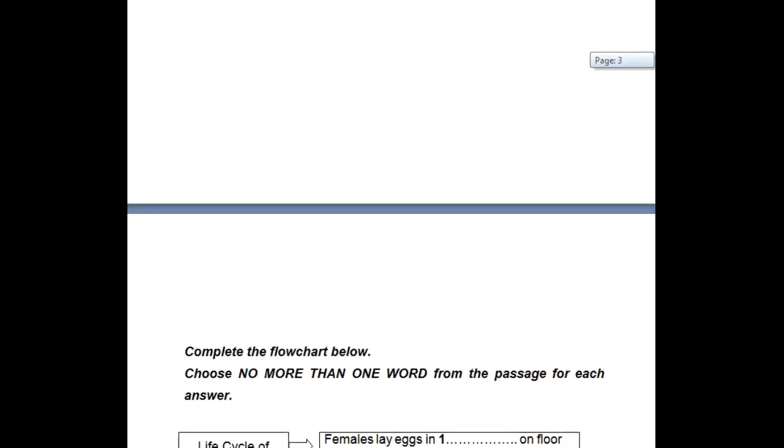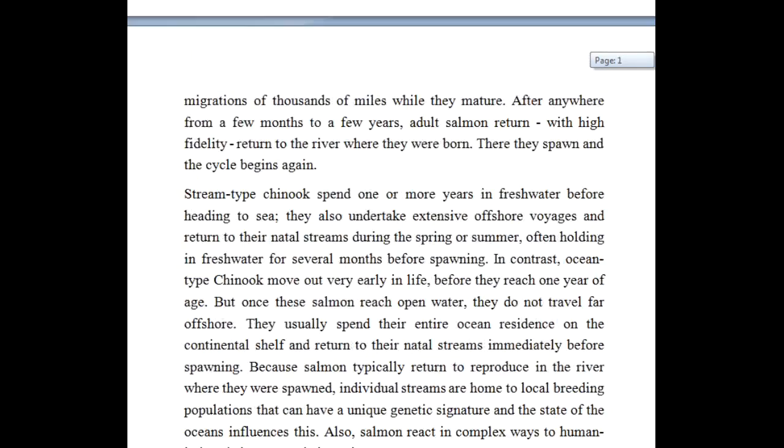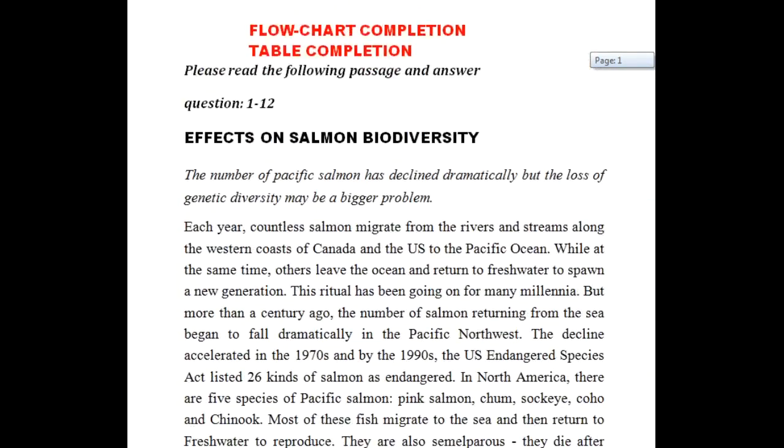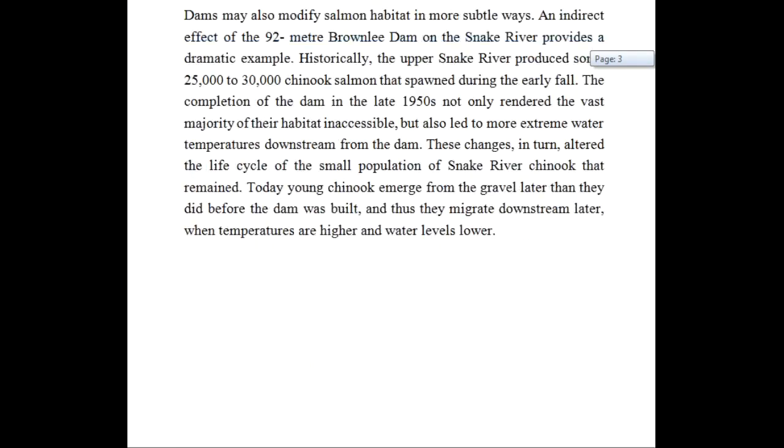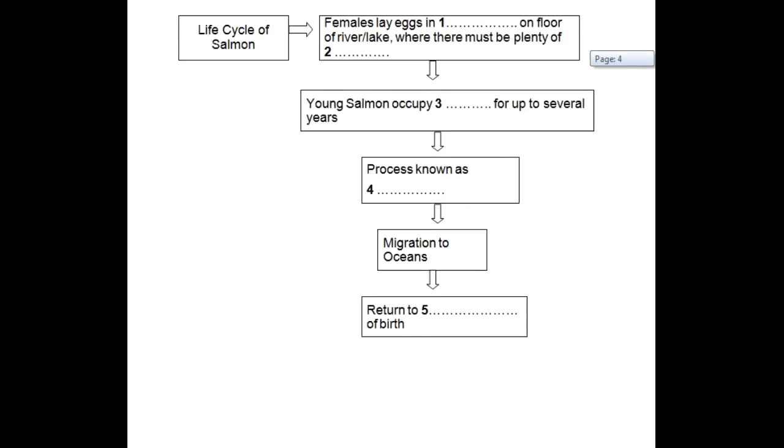So what is the difference in tackling the questions of shorter passages, as we did earlier in the first 2-3 videos, and taking questions from the longer passages? The main difference is that you will get more than one question type in longer passages, most of the time 3, sometimes 2.